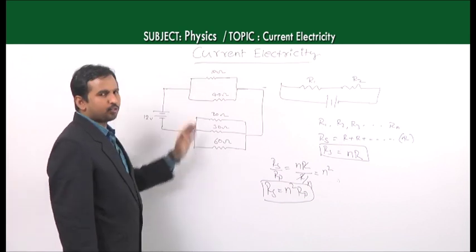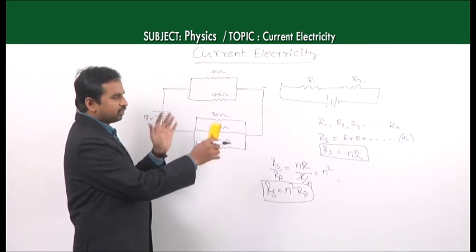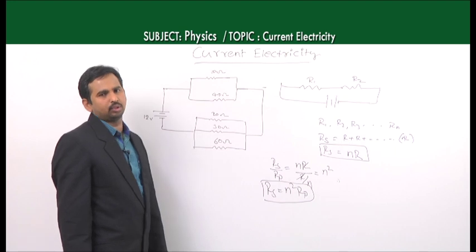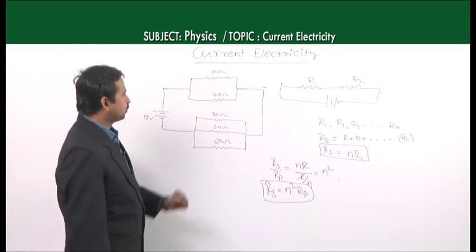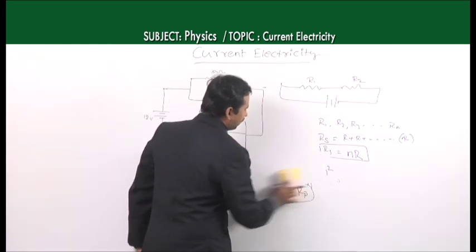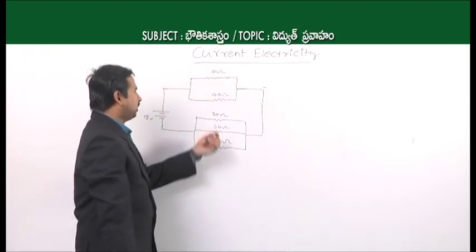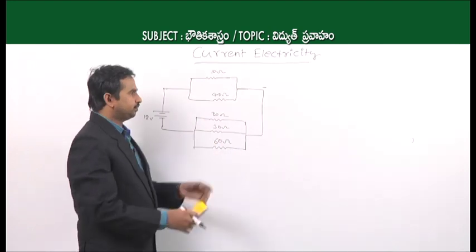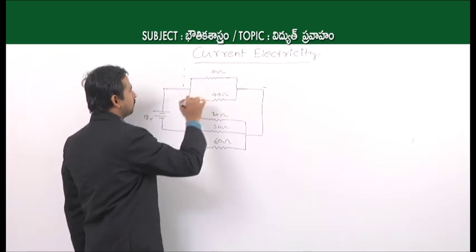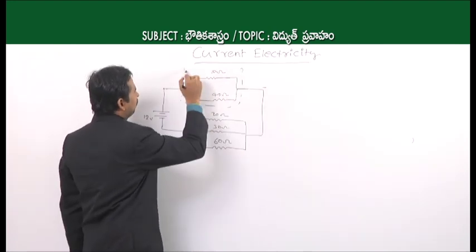For these types of problems, we have to separate the circuit and solve it part by part. For example, in the first case, we have 10 ohms and 40 ohms. First we take this part and find the equivalent resistance.